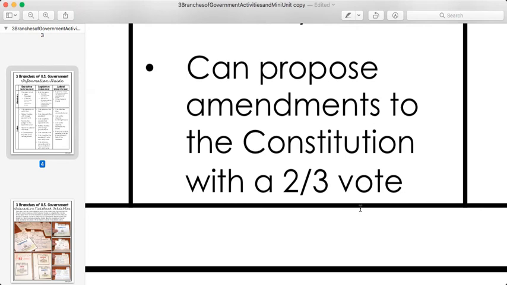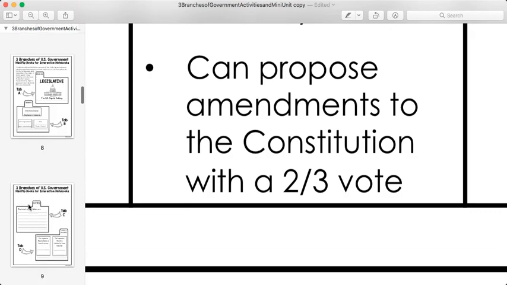And it's a list of rights that we as citizens have. And the legislative branch has the power to add rights and amendments to the Bill of Rights in the Constitution. And that needs to be voted and approved by 2/3 of the members.